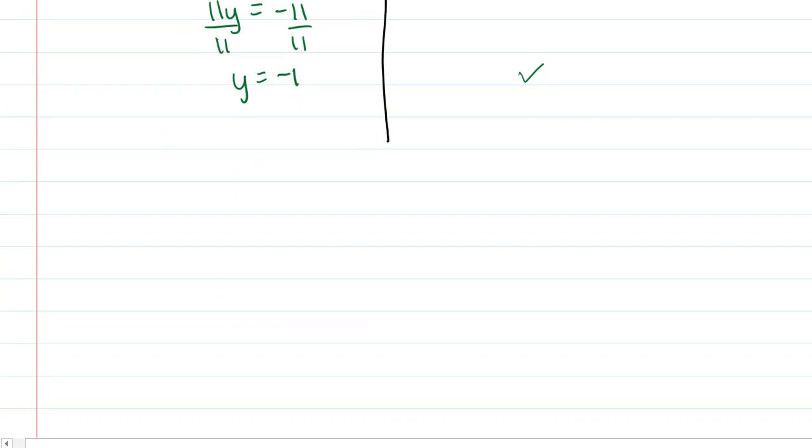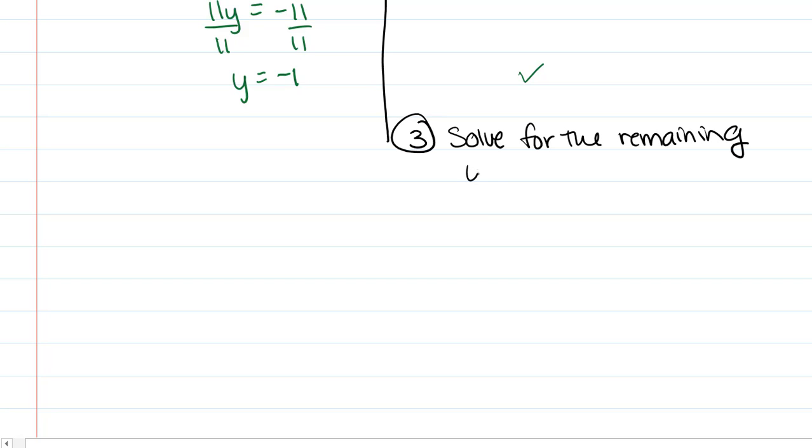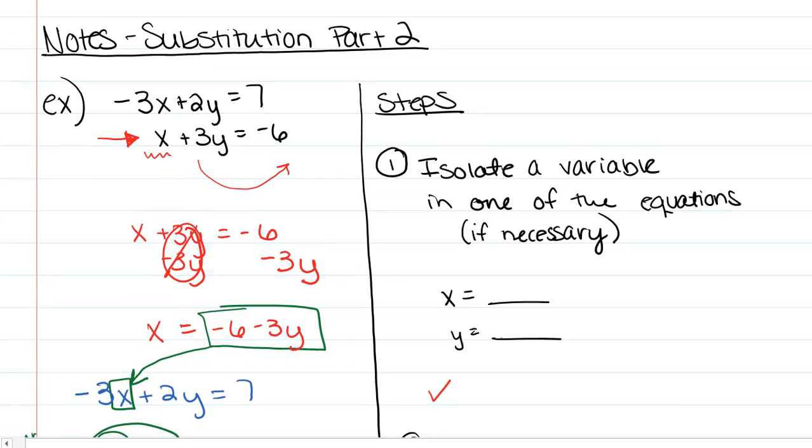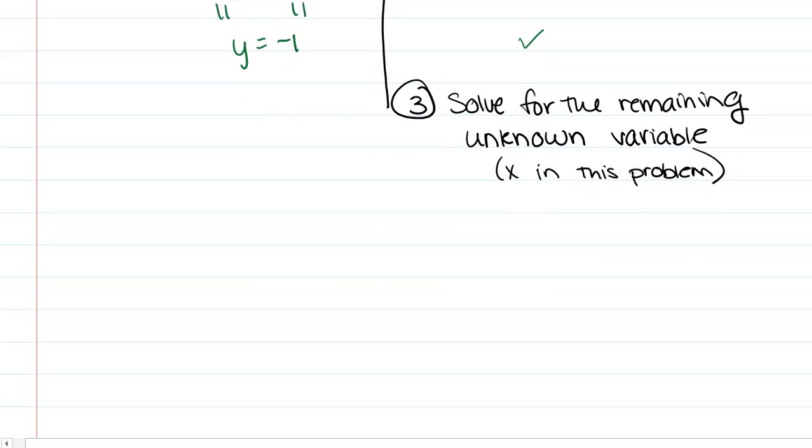Step 3. I need to solve for the remaining unknown variable. In this case, that is x. So in this problem, if we scroll back up to the original, x plus 3y equals negative 6.